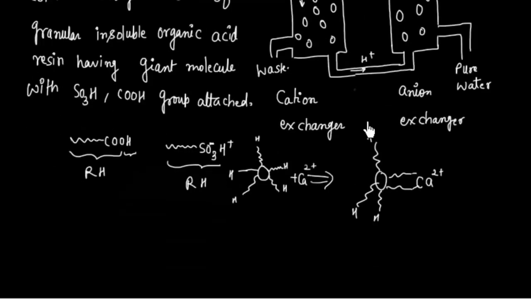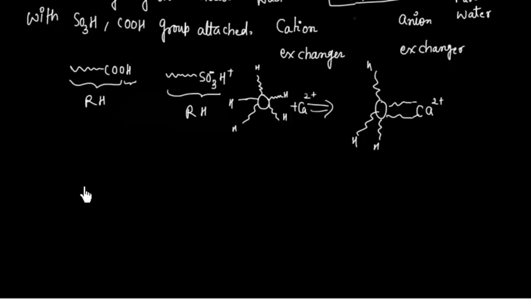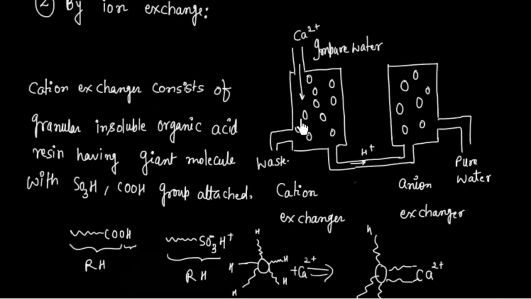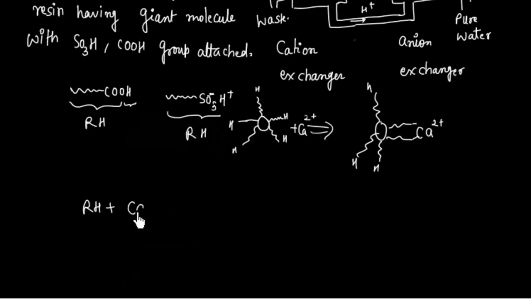So we can write the equation. If I write this as RH and let us say my hard water contains Ca2+, if I pass it through the cation exchanger, H will be removed. So we will have R2Ca and 2H+ will be freed.